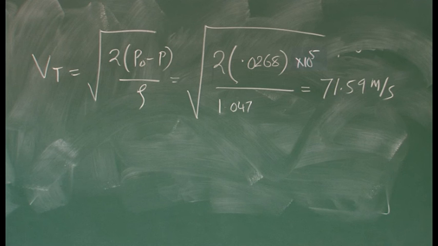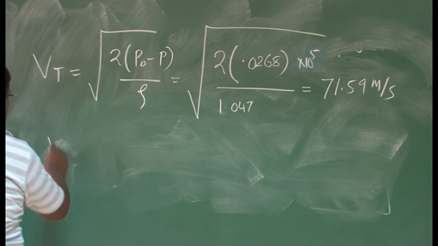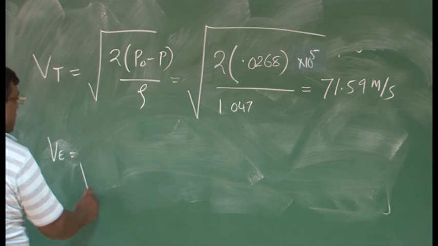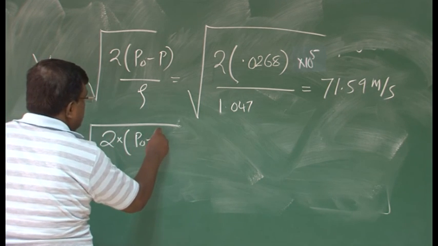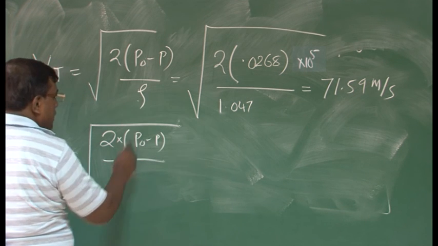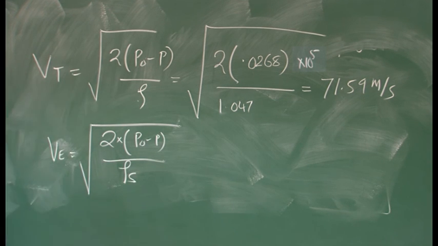Now let us find out the equivalent airspeed. What will be equivalent airspeed? That will be the same thing, 2 into P naught minus P, instead of rho, it will be rho S, sea level standard value of density. So what is the message?